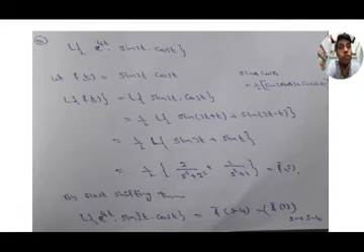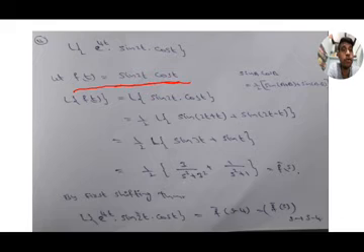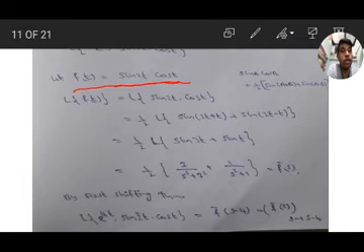Except e to the power of 4t, the remaining function, sine 2t cos t, we have to take as f of t. Then we need to find the Laplace transform of this f of t.